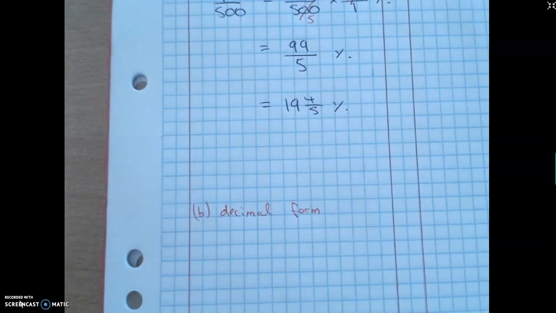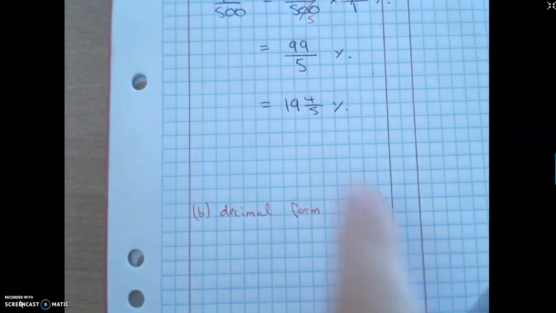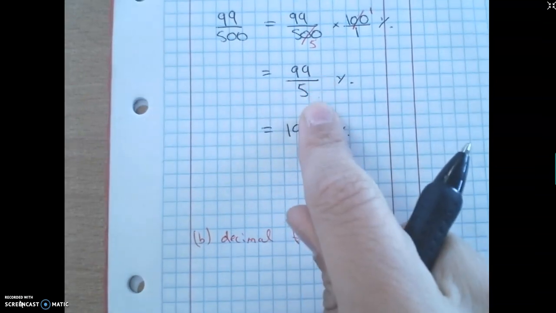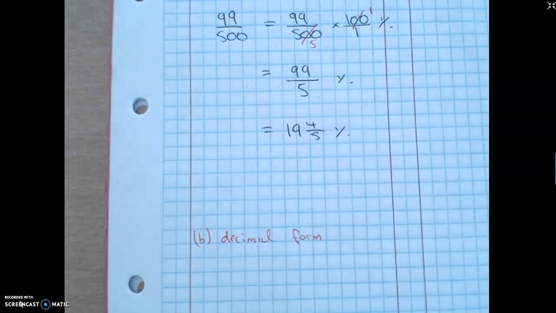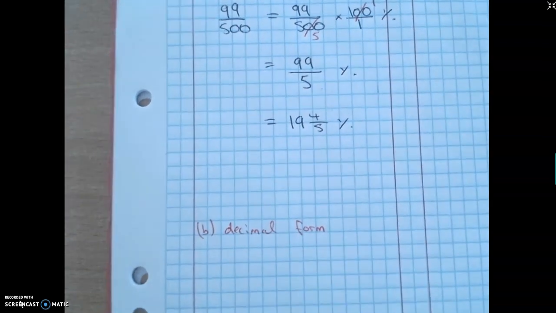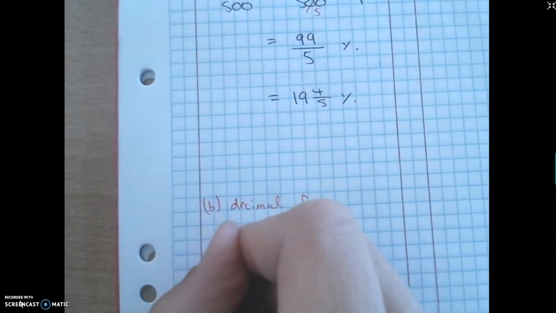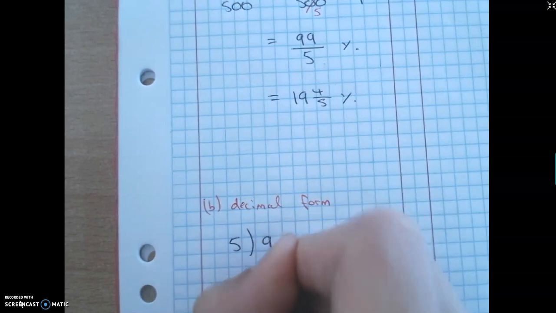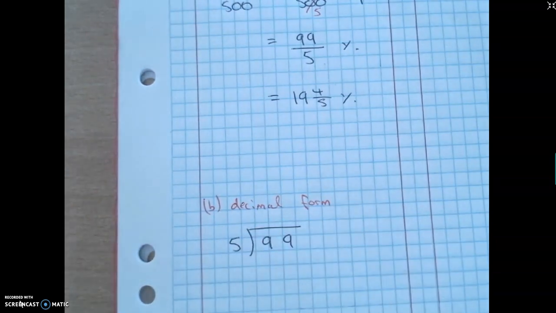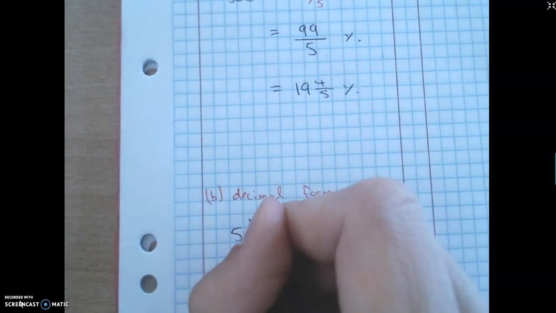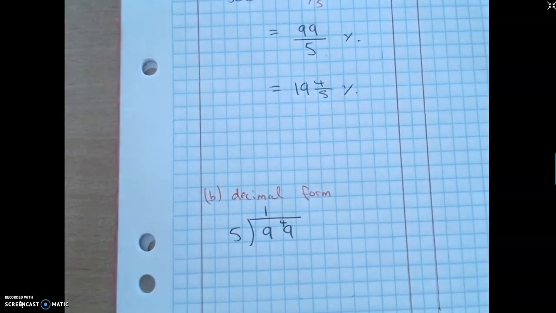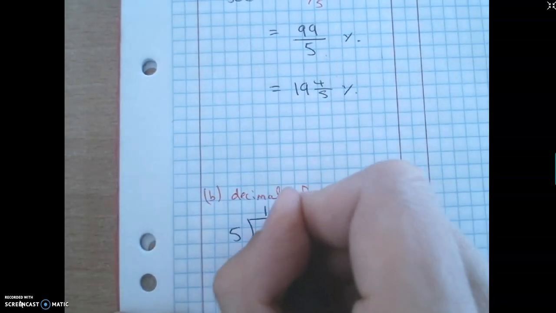Now write this in decimal form. Since I had 99 over 5 as my fraction, we should know how to convert a fraction into a decimal, so we're just going to write this as the percentage. So this is essentially just going 5 into 99. 5 goes into 9 once, with 4 left over. And then 5 goes into 49 9 times, with 4 left over.